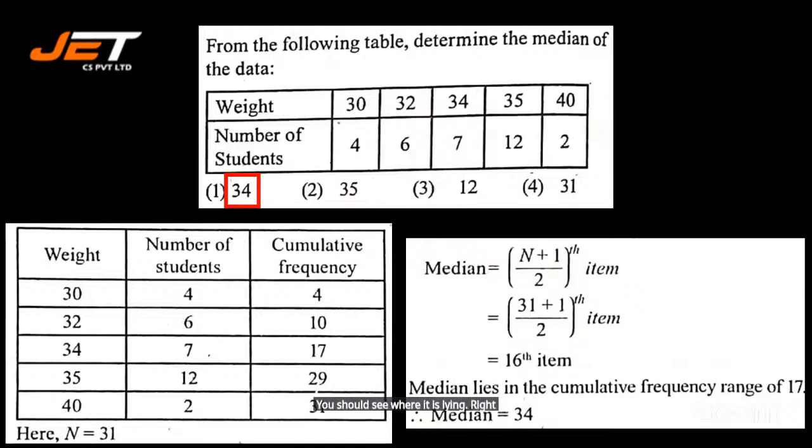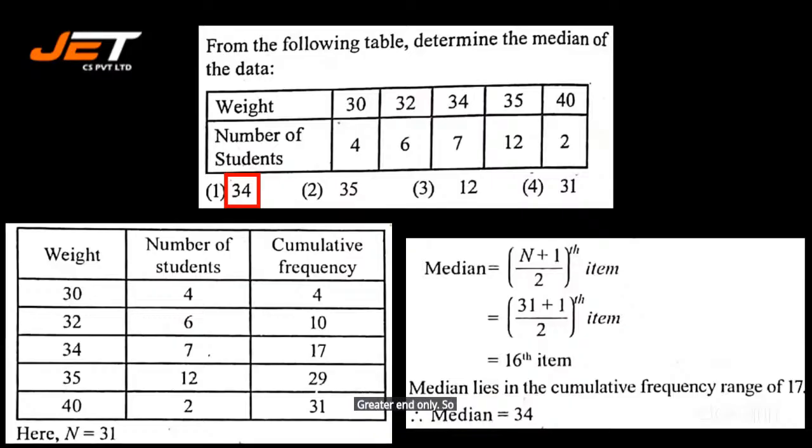You should see the cumulative frequency. You don't have exactly 16, but you have less than 16 as 10, more than 16 as 17. Isn't it? So you should always take 16 as the greater end only.